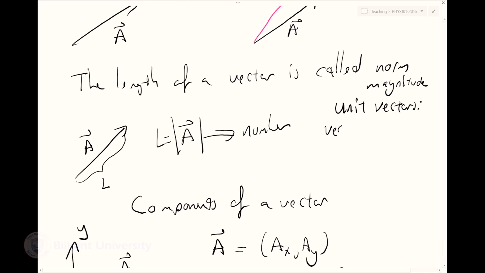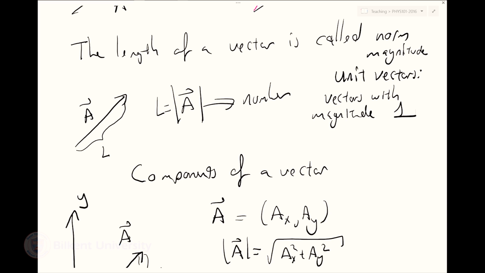They are vectors with magnitude 1. So their length is 1. And whenever I have a vector with unit magnitude, instead of putting an arrow on it, I will put a hat. Okay? Unit vectors are shown with a hat on them.